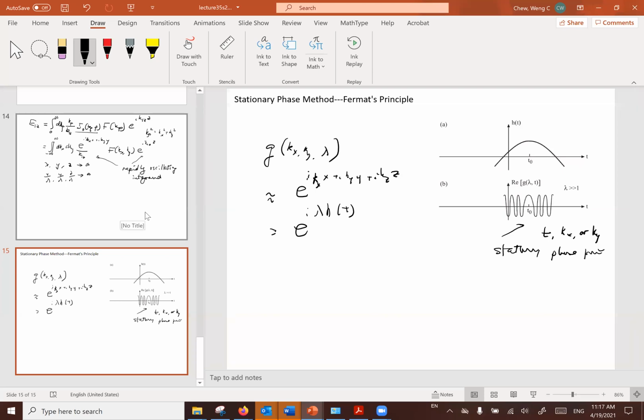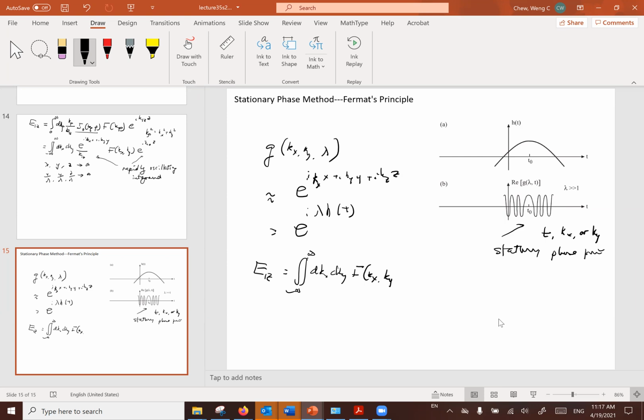Okay, so if I have such a function, and for instance I look at my E1z, then I can write it out in full first. It could be a Sommerfeld integral or Weyl integral. It would be this very complicated function multiplied by this exponential function, which can be rapidly varying when x, y, z are large.